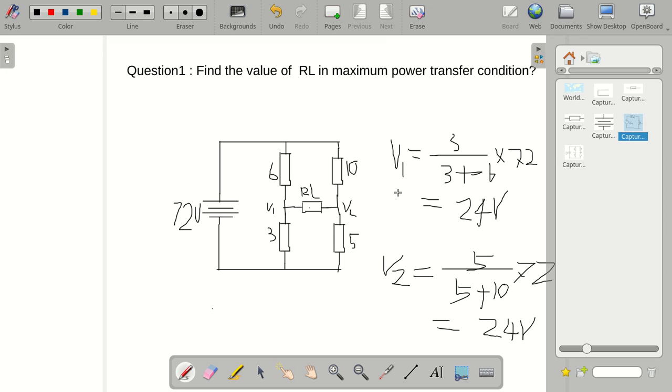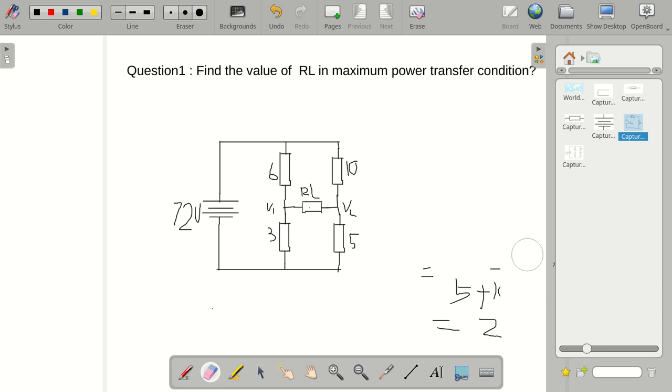And to find the Thevenin resistance, we have to deactivate this independent 72 volt source. So let's remove this voltage source, and we also remove the resistance RL and then find the equivalent resistance across these 2 points.